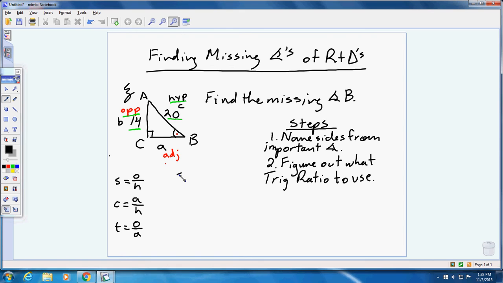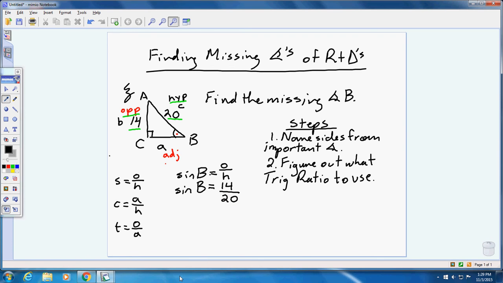So I'll write that out. Sine of angle B equals opposite over the hypotenuse. So the sine of angle B equals 14 over 20.